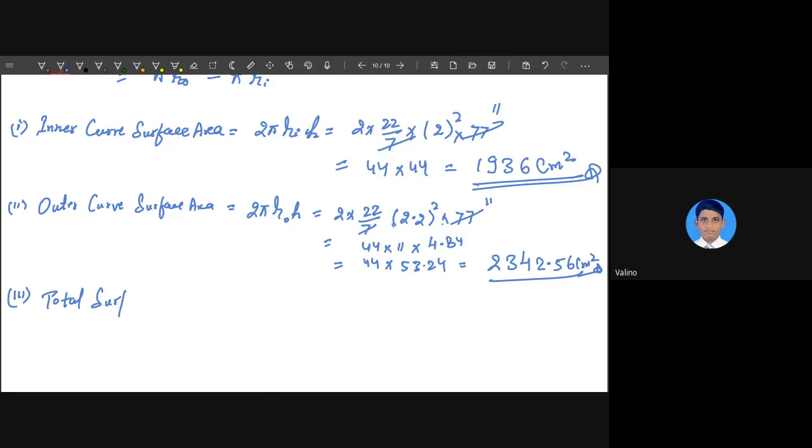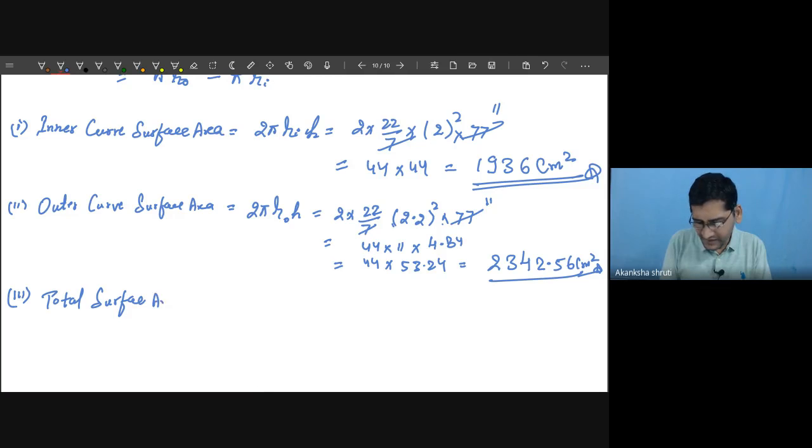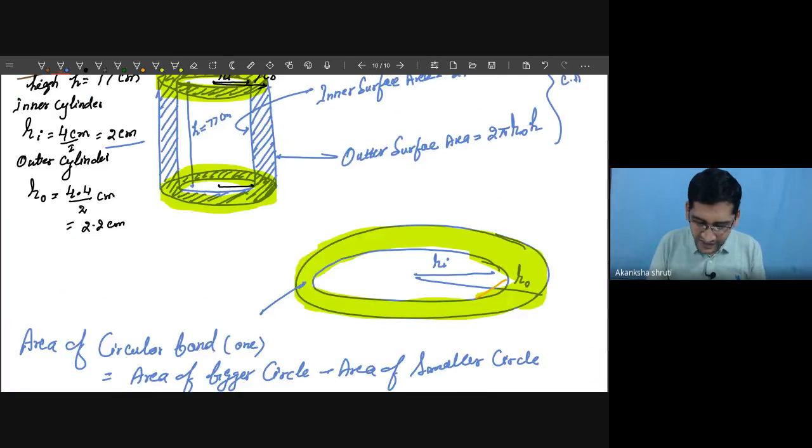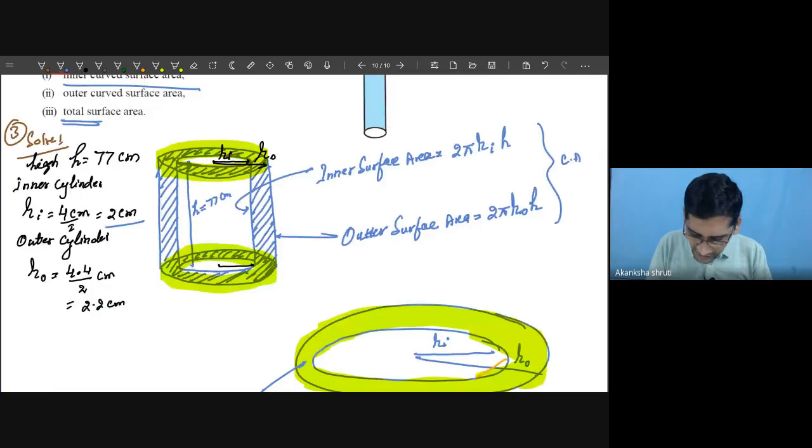Total surface area is equal to how much, student? Here we have to understand the inner, the outer, and the two LO. All these three have to be added. Earlier in the solid cylinder, inner surface was not there.